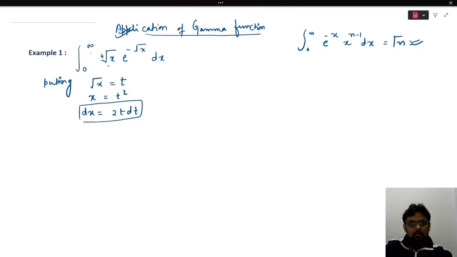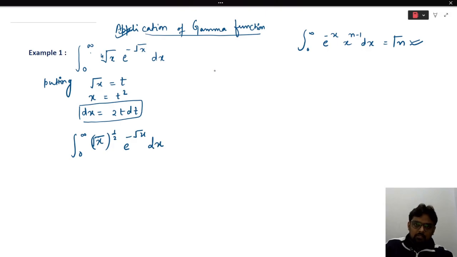Our function will change like this: 0 to infinity, x to the power root x, this is x to the power 1 by 4, root x to the power 1 by 2, e to the power minus root x and dx. Now replace everything.